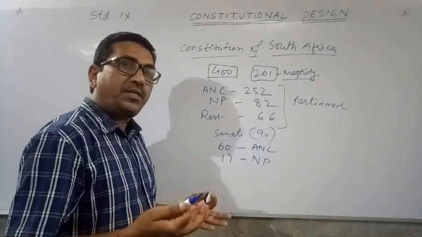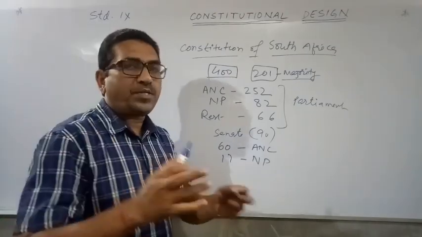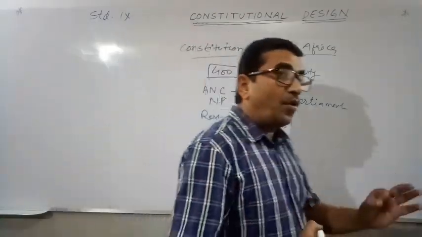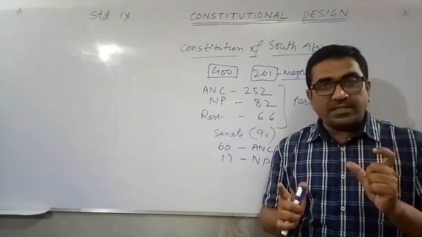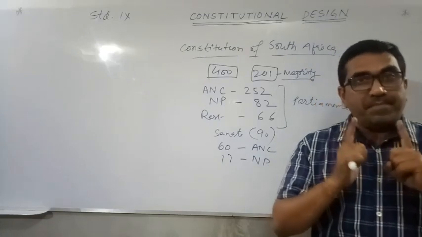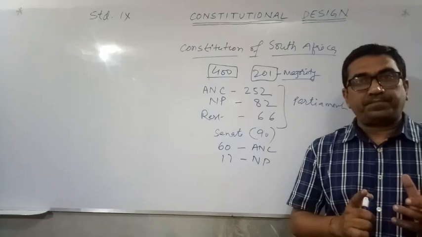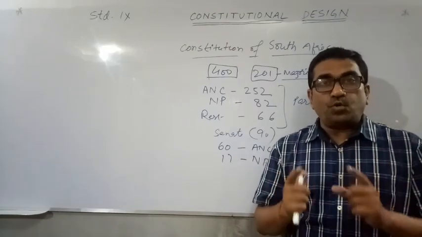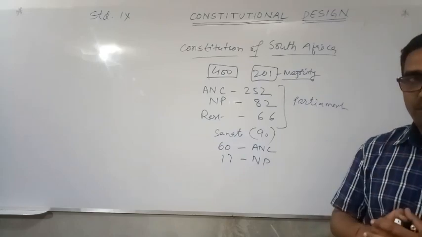And the remaining 13 went to the other groups. Politically, the African National Congress, the party of the blacks, got the majority, and these two groups had to sit together and frame the constitution.